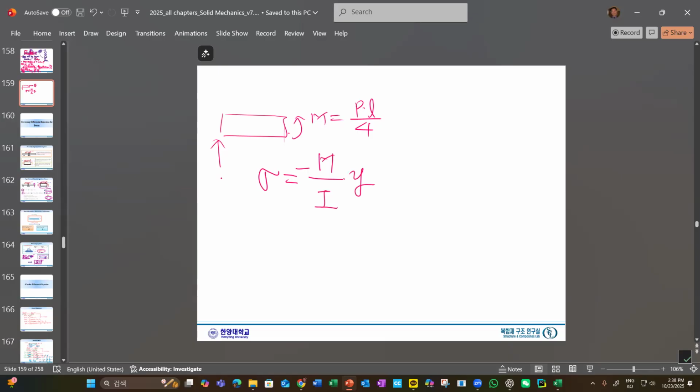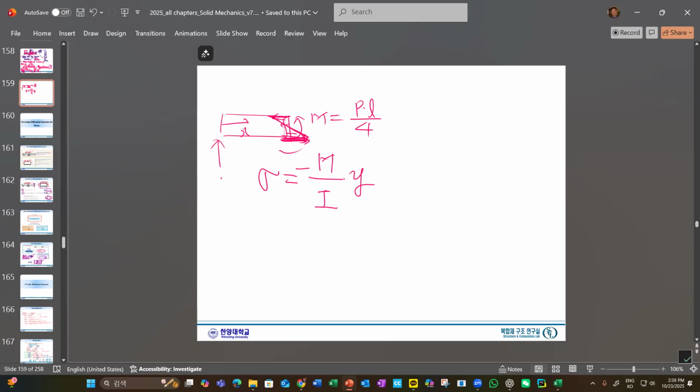Graphically, this is a linear distribution, and this gives us how sigma x can vary. At the bottom, maximum tension. At the top, we have maximum compression, right?